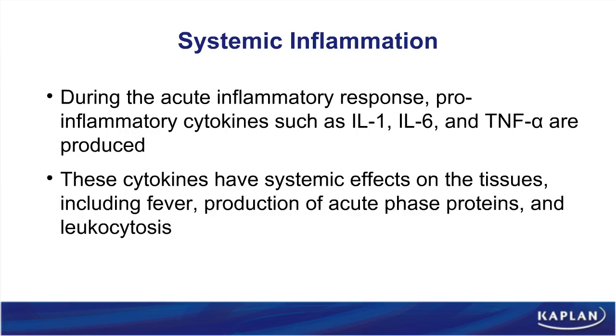When you start to see the effects of those cytokines on the tissue, that shifts from an acute inflammatory response to a systemic inflammatory response. So when you have a patient that has a fever as the result of acute inflammation, your inflammatory response is now systemic. And we're going to take a look at a figure that I think will help you delineate this response versus the acute inflammatory response.